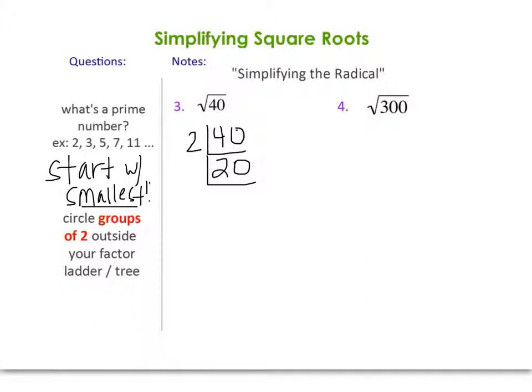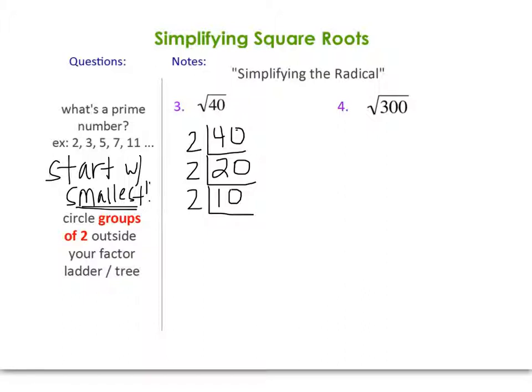Well, what is the smallest prime number that goes into 20? Well, 2 goes into 20 and gives me 10. What's the smallest prime number that goes into 10?